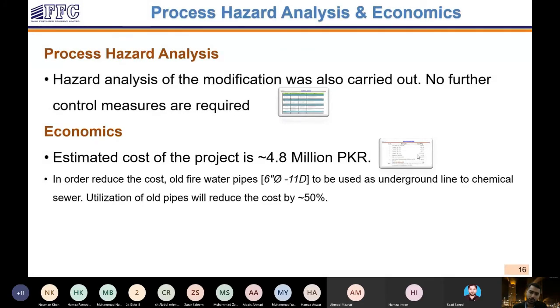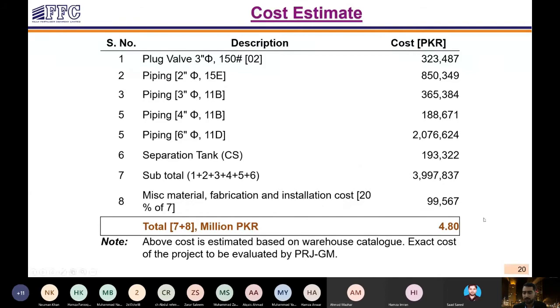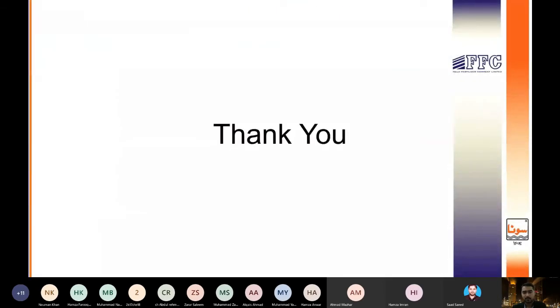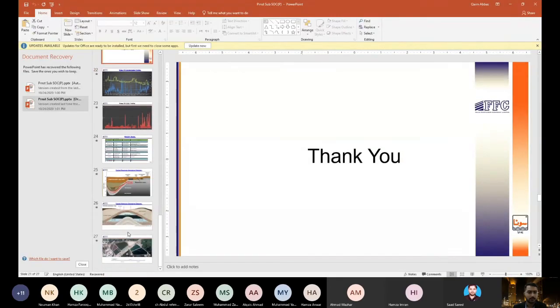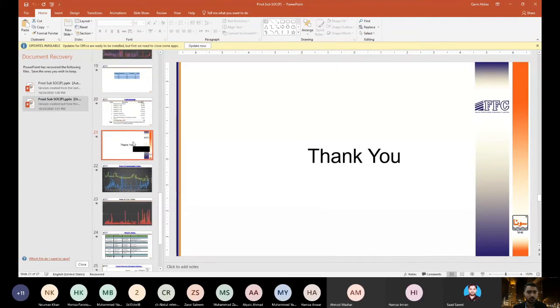So this project was initially estimated at 4.8 million, but because of the reduced piping cost, around 2 million, which was the main chunk, we were able to save 2 million, and the whole project was completed in 2.8 million. So this was a brief introduction of this improvement that we carried out on our plant. And this concludes the presentation from my side.